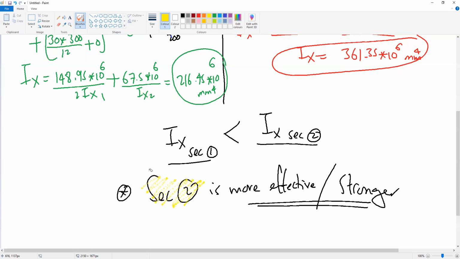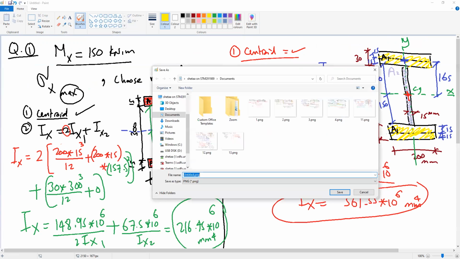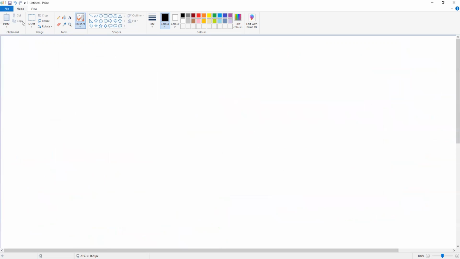The second part is to find the stresses. So now I will write down the inertia to use in the next slide.